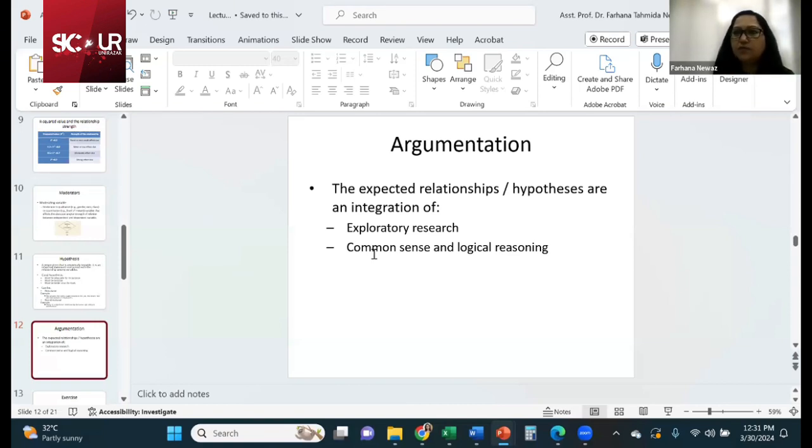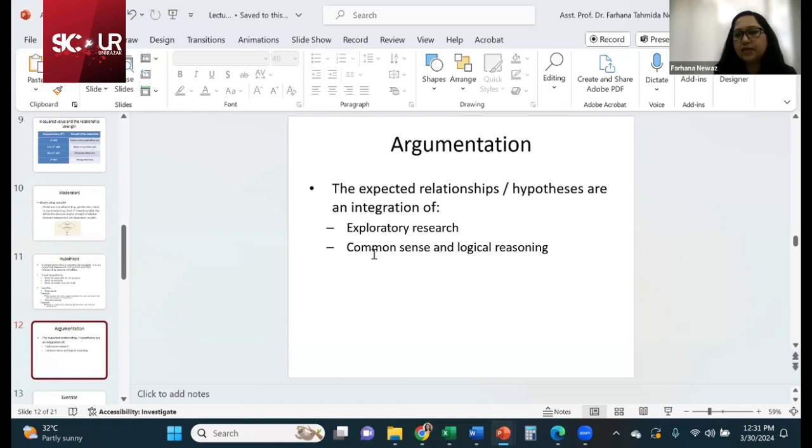At that time you can interview people, like experts in those fields, and get ideas from them. Based on those findings, you can use common sense and logical reasoning to justify your hypothesis. That can also be done.